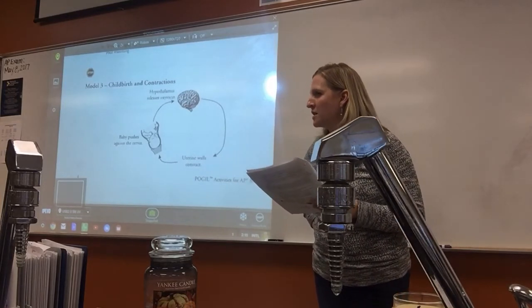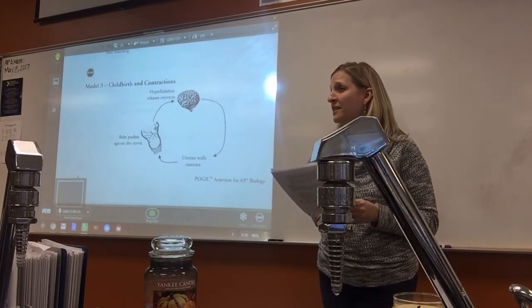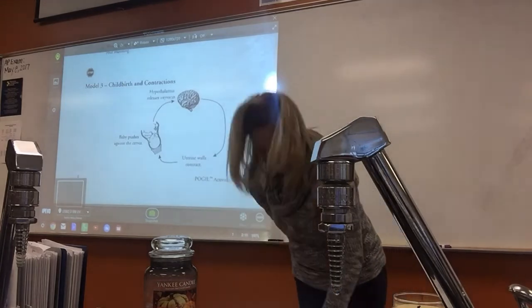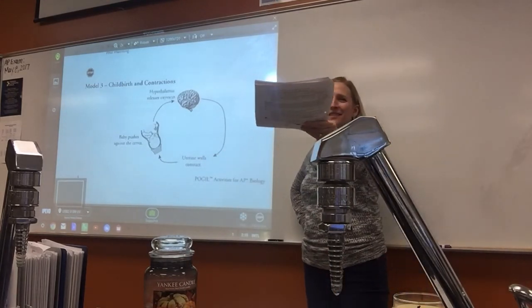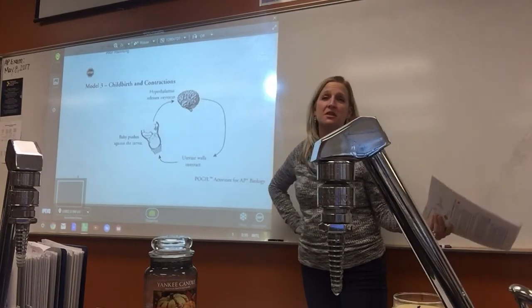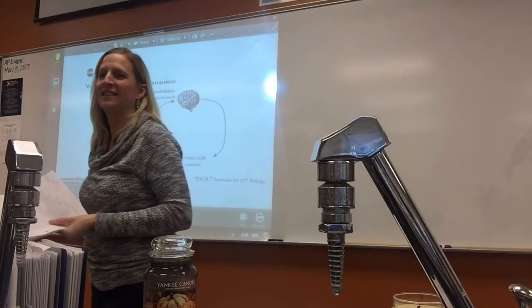So the kidneys filter your blood. If you are dehydrated, your kidneys will not put that much water into your urine. So when you're dehydrated, the volume of your urine goes down because your kidneys reabsorb a lot of that water and put it back into the bloodstream.